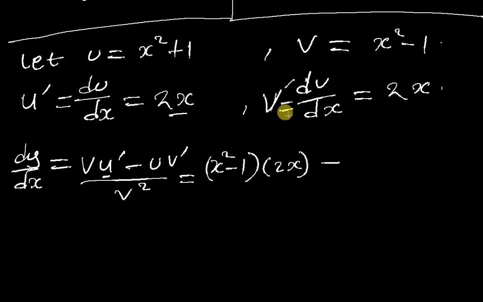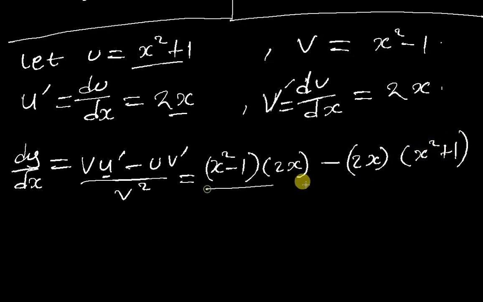V prime is simply 2x, and then u is simply x squared plus 1. Then everything divided by v squared. V is simply that, so we say x squared minus 1, then squared.